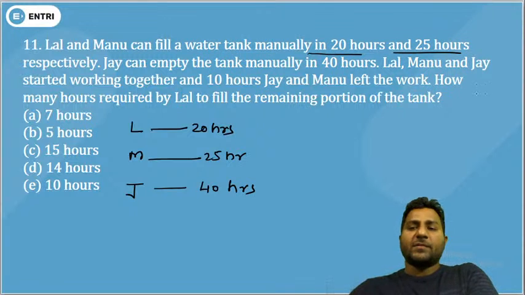How many hours are required by Lal to fill the remaining portion of the tank? So first you need to find out the total work. So how are you going to do that? 20 and 40 has 40 LCM, and 40 and 25 must have what?